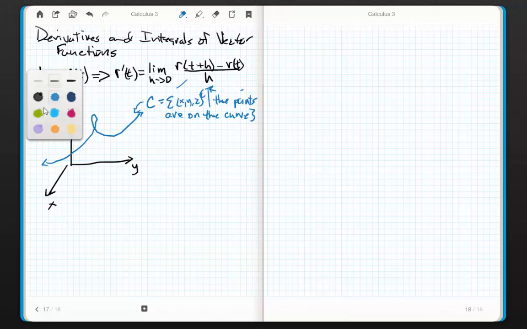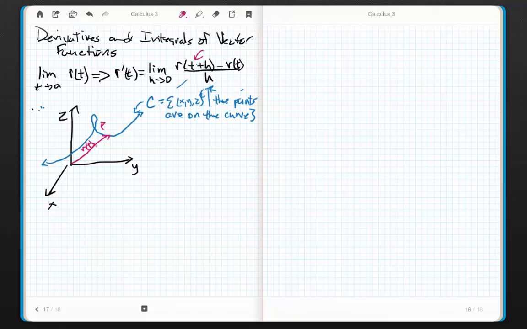Now, what I want to do is try and figure out the derivative at this point, which I'm just going to call P. So remember from way back, we have a vector, and that vector is going to start there, and it's going to be r of t at this point P. So the question is, what is r of t plus h?